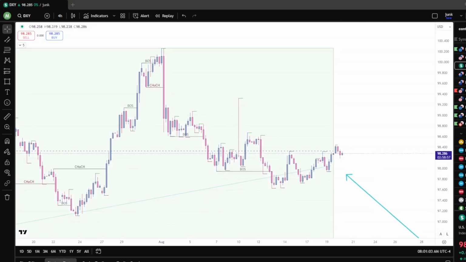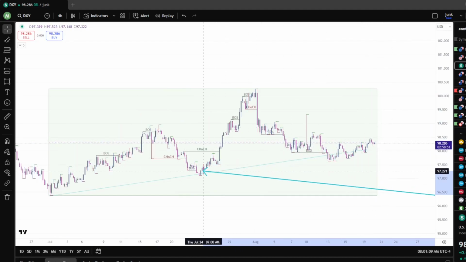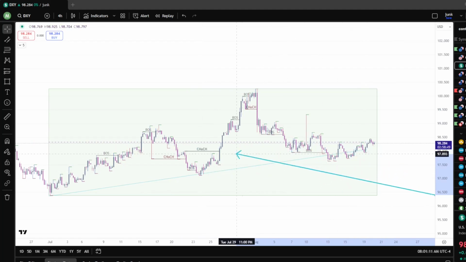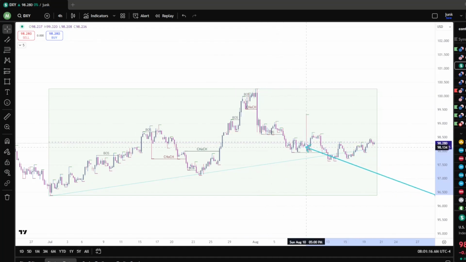And then we briefly go over DXY, the dollar index. As you know, from the 4-hour chart, it's been reacting from this trend line. This being the bullish A to B price range, it started to break structure to the downside internally, and then once this trend line got broken, it came back.